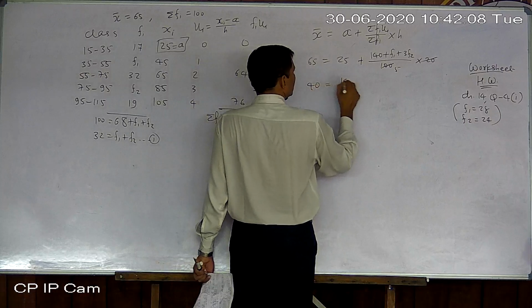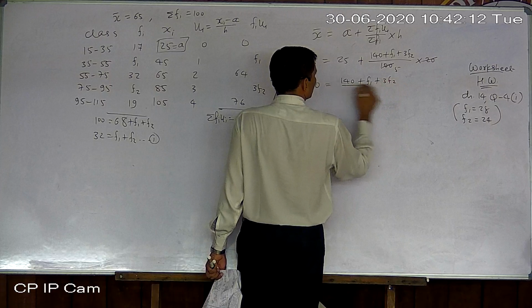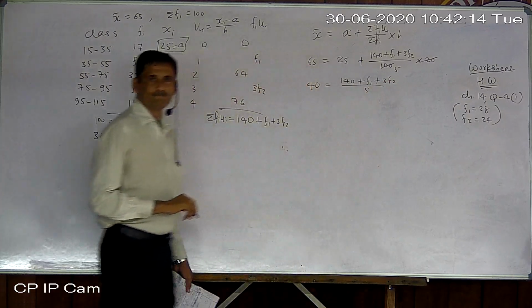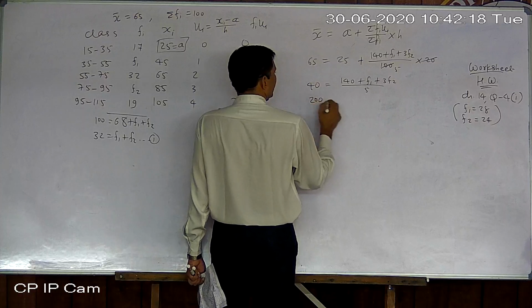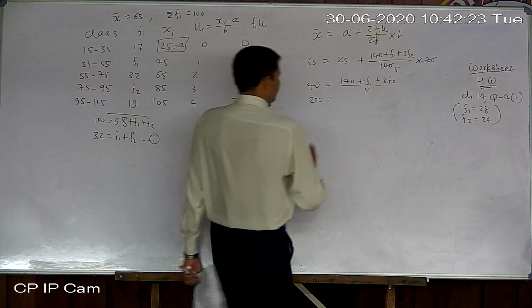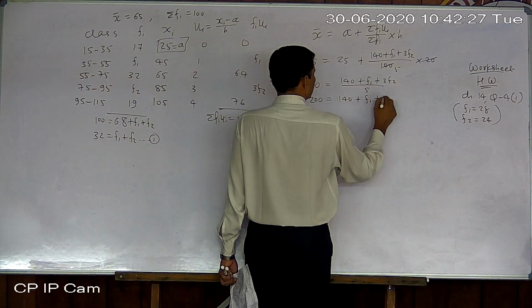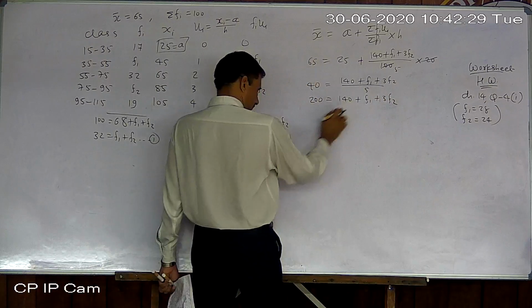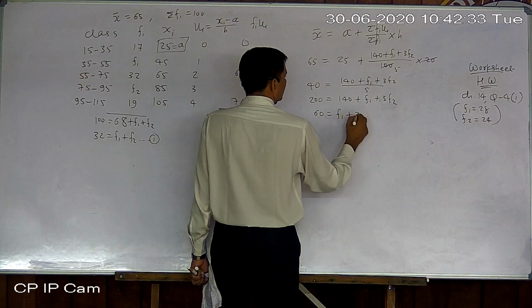So it will be 140 plus f1 plus 3f2 upon 5. 40 into 5, 200. Okay. Now 140 plus f1 plus 3f2. Now shift it here. So it will be 60 is equal to f1 plus 3f2.